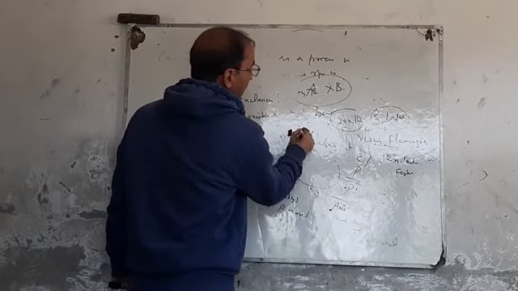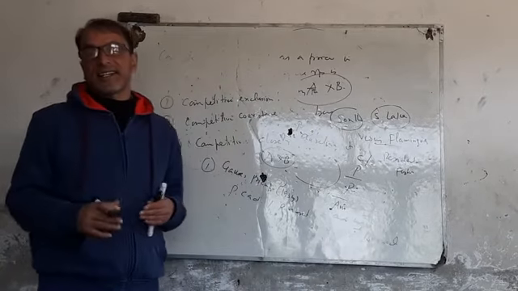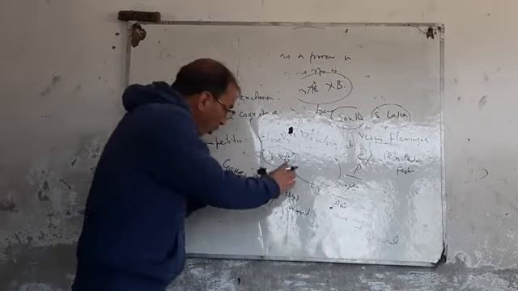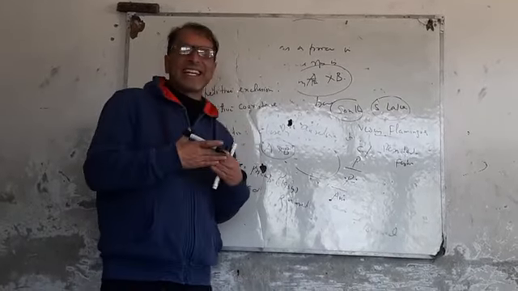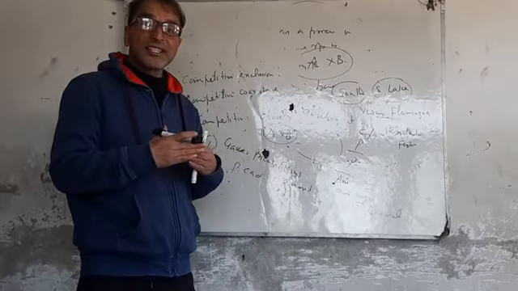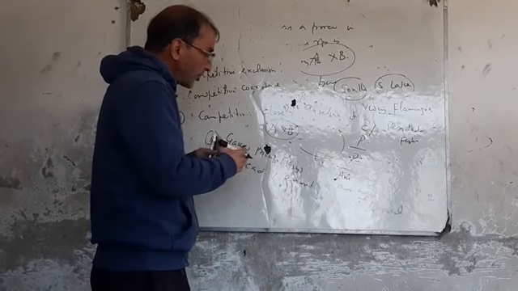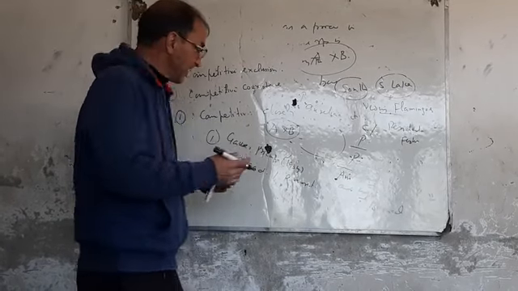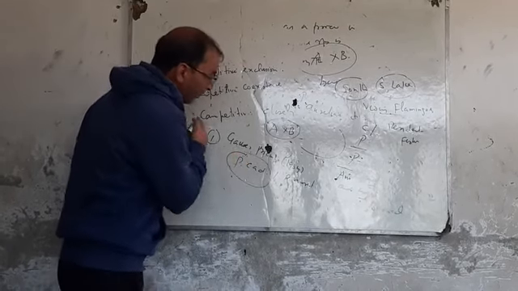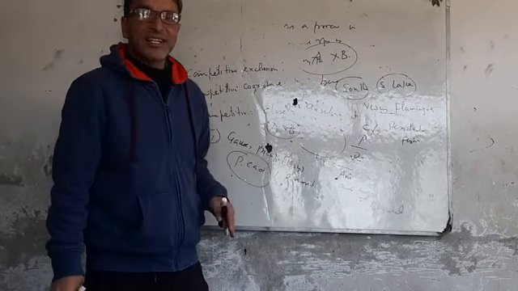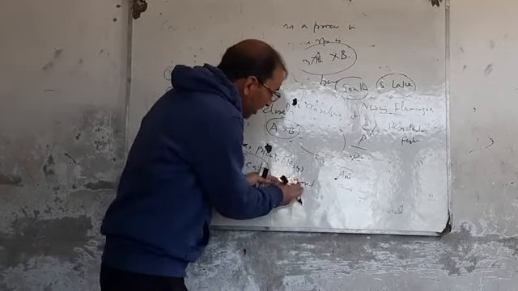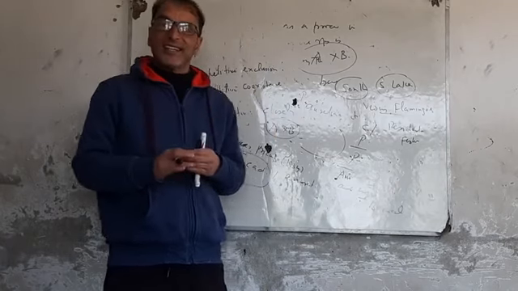Both of them grew for 16 days. And after 16 days, out of the two, one was eliminated. Paramecium caudatum was eliminated, and only P. aurelia was seen in the culture.